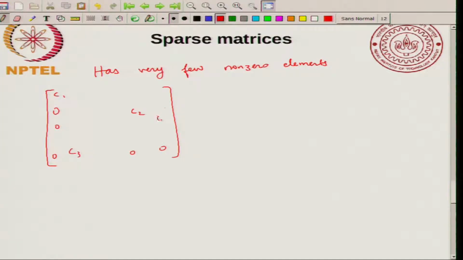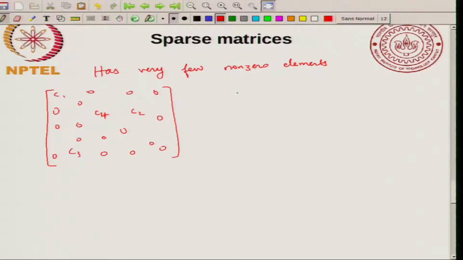Most of the matrix is just 0, and you just have a few numbers that are non-zero. So, you might have C4 here somewhere. So, a sparse matrix has very few non-zero elements.